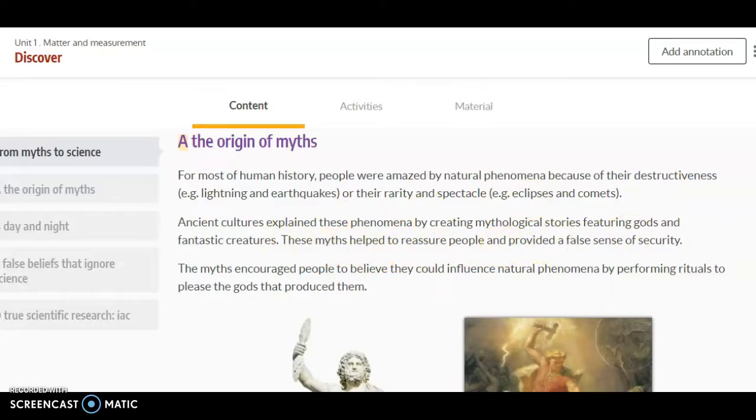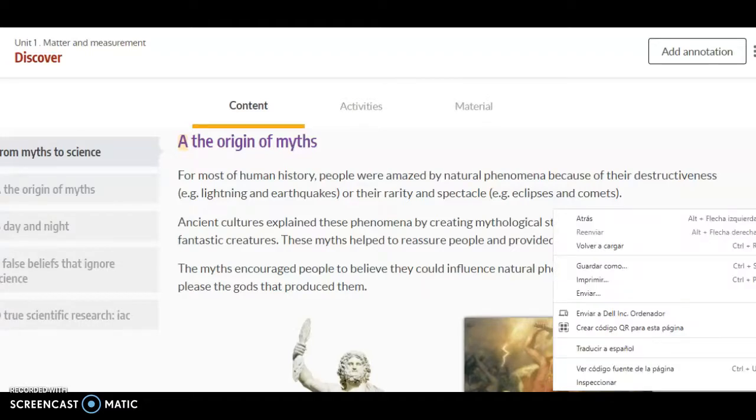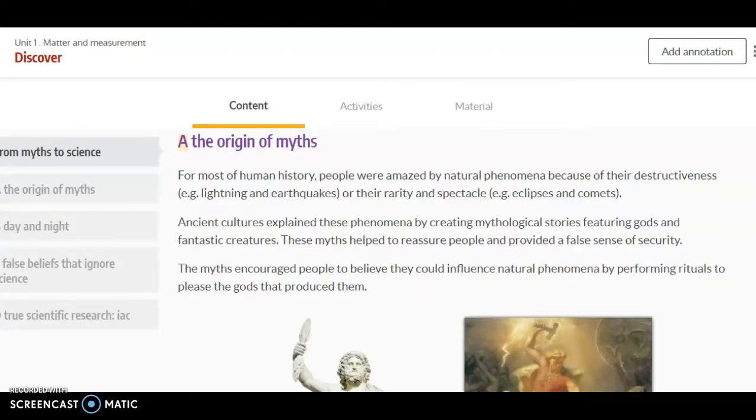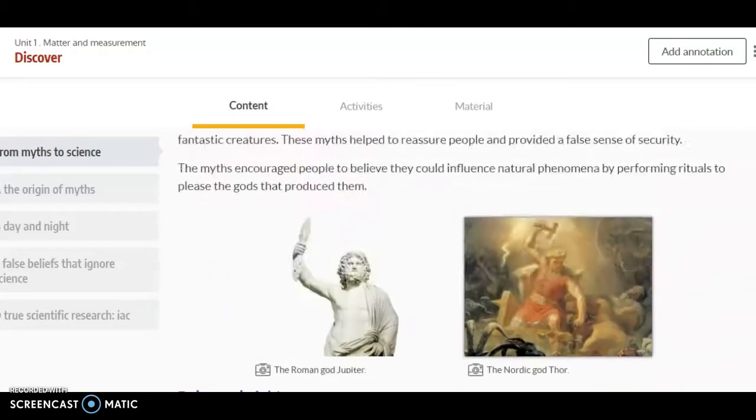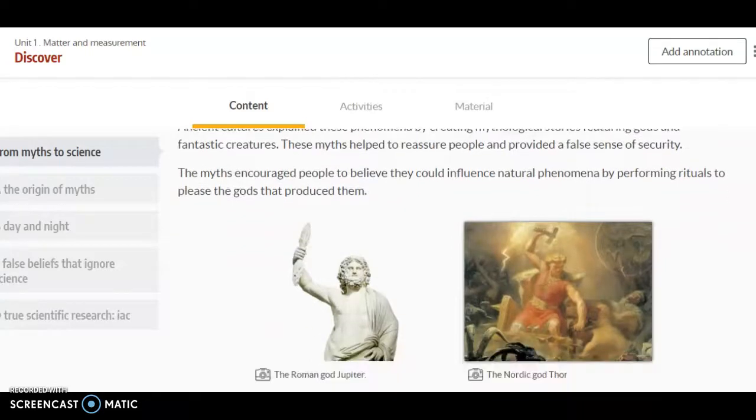Back then they didn't know how to explain natural phenomena, so they came up with myths to explain them, and that's how they felt more reassured, even though it's a false sense of security.